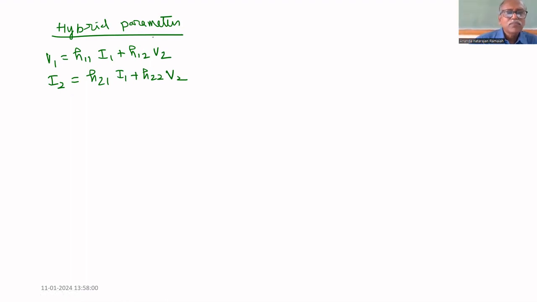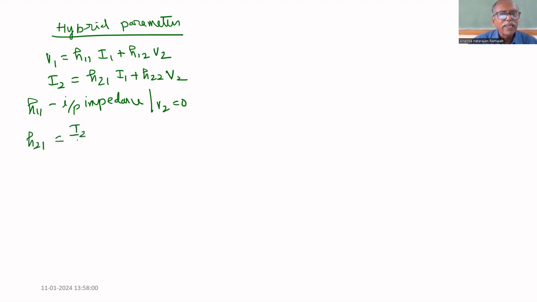If you assume V2 equal to 0, you will get H11, V1 by I1, input impedance. V1 by I1, input voltage, input current. That's why it can be called input impedance. Both values are input side. Provided V2 equal to 0, H21 equal to I2 by I1.